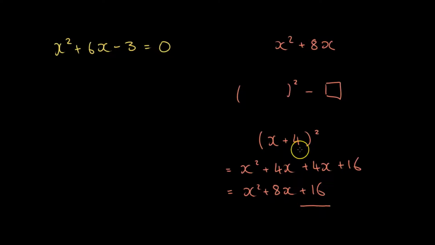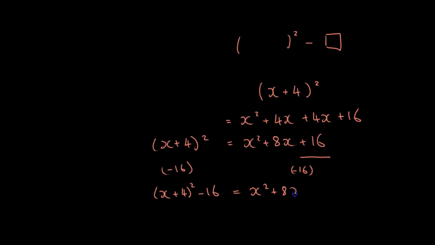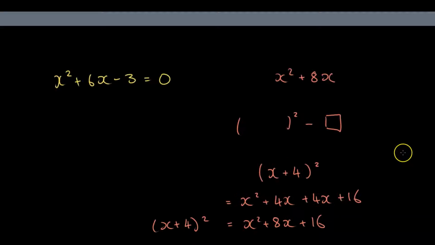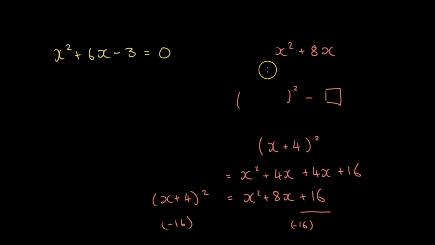So this line here is equal to x plus 4 squared, expanded out. And if we subtract 16 from both sides, we can see that now we have on the right-hand side the exact same expression as we wanted.